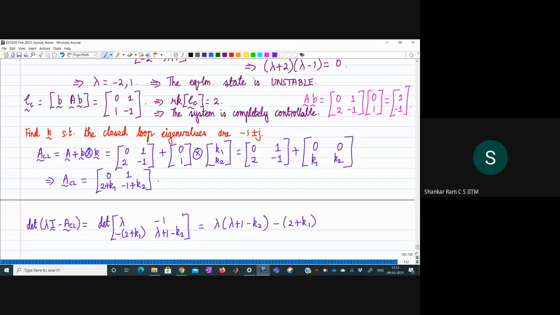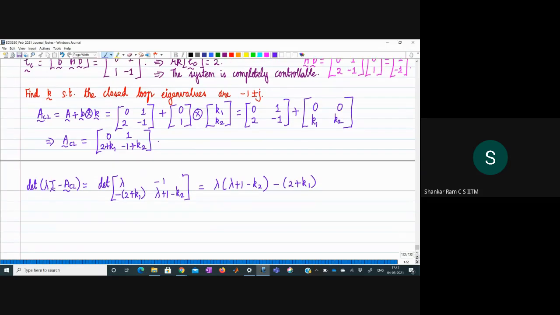So I hope the algebra is clear. Once again, please stop me if there are any questions. I'm doing every step. So expanding this, we will get lambda square plus (1 minus K2) times lambda minus (2 plus K1). Okay, so you can see that below it will be expanded.